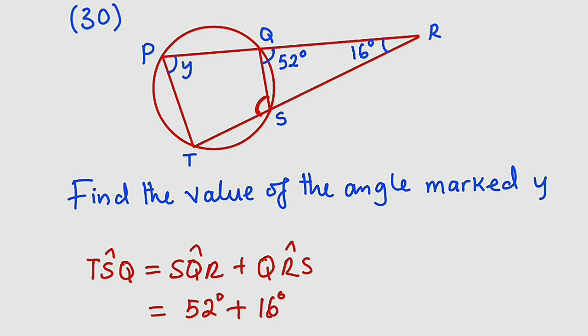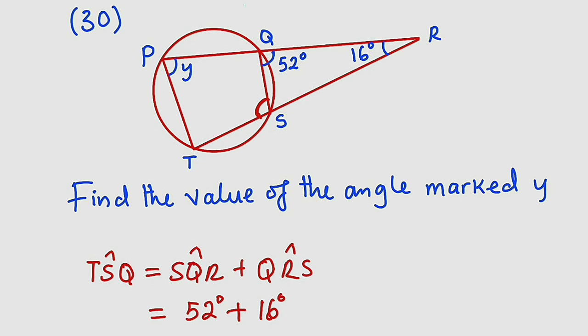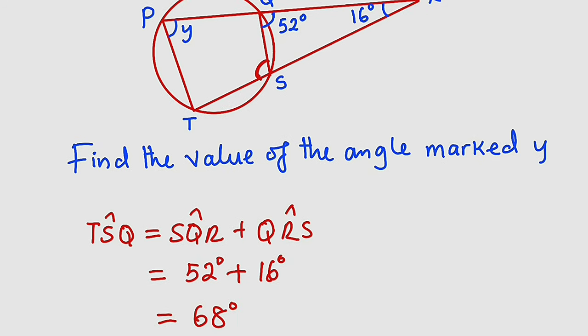All right. Next, remember that this is a cyclic quadrilateral. Let me shade it for you to see clearly. This is a cyclic quadrilateral. One thing you should remember about cyclic quadrilaterals is that the sum of the opposite angles is what? Supplementary, meaning if you add them together, you're going to get 180.